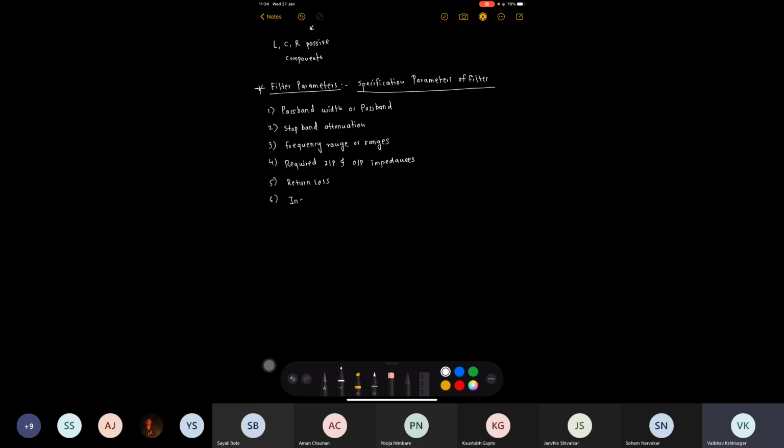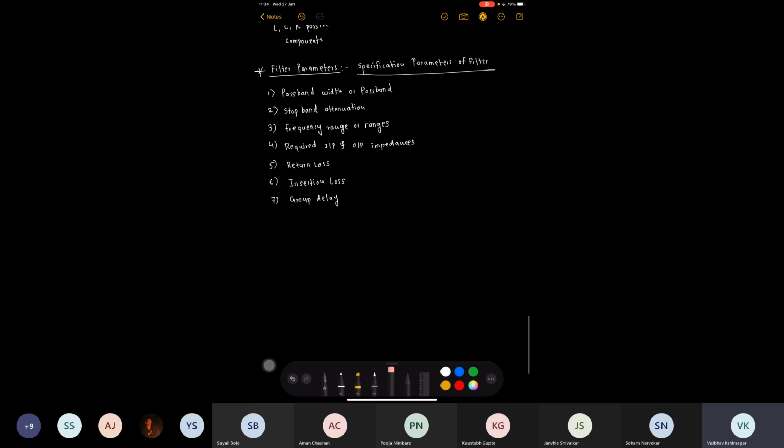Next is the insertion loss. There is a whole unique technique of insertion loss with which the filter can be easily designed. We'll come to this definition later on. And then another parameter is the group delay. One by one, let us go into the details of these filter parameters and see what is the significance of them, right?